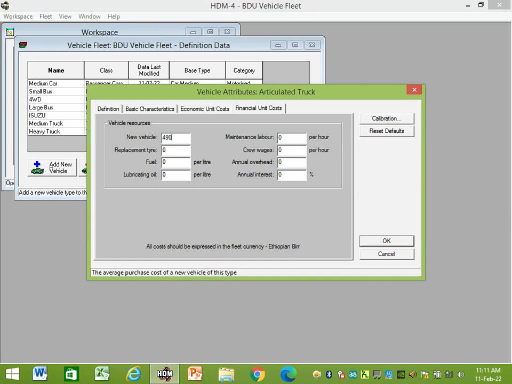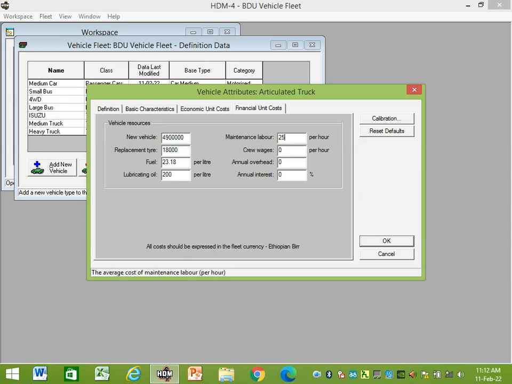Financial unit cost. Financial 4,900,000. Replacement tire 18,000. Fuel financial 23.18. Lubricating oil 200 financial.